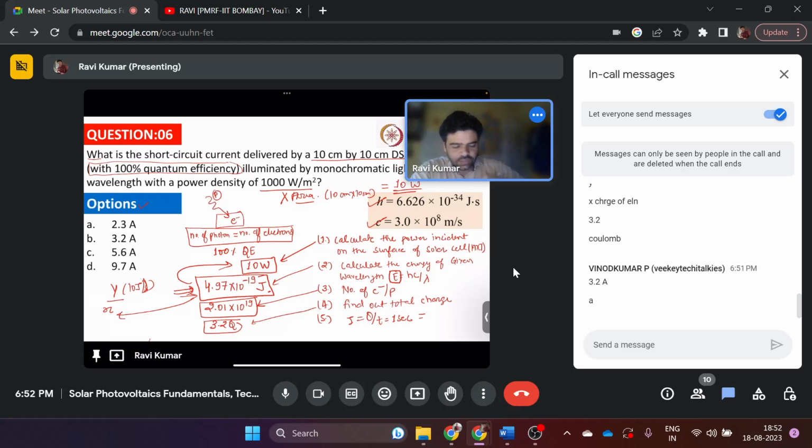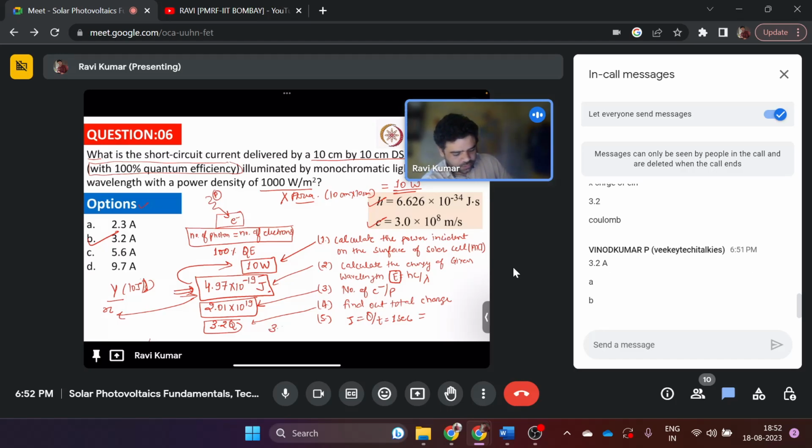Yes. So the answer here will be B, 3.2 ampere. A, B. Okay. B is the right answer.